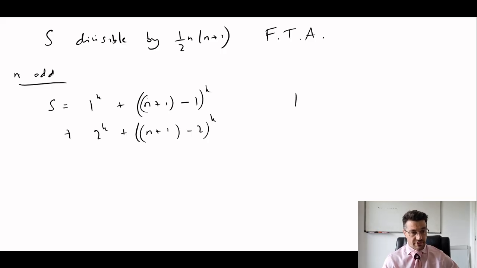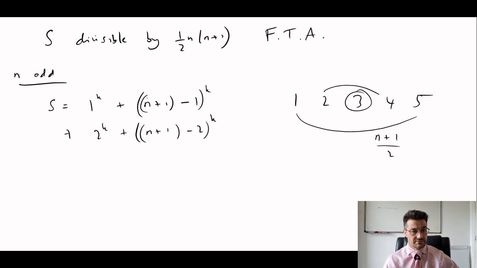Now if we think about the numbers 1, 2, 3, 4, 5, and pair these off, we're going to get 1, 5, 2, 4. The number in the middle is effectively n plus 1 over 2. So we're going to be able to pair all of the numbers off, and the last pair that we're going to get is n minus 1 over 2 to the power of k.